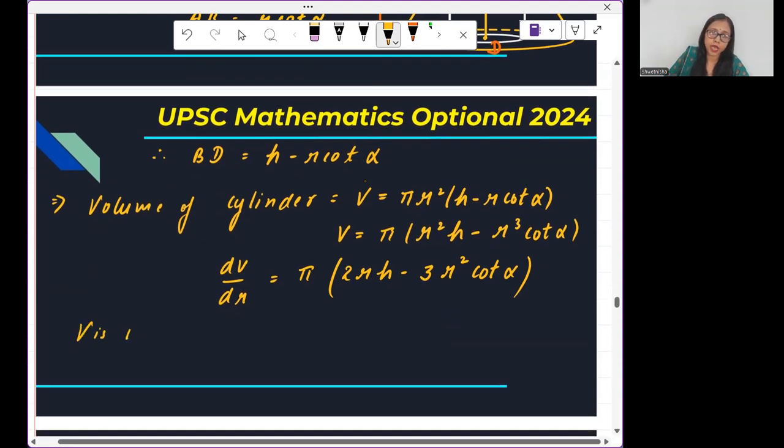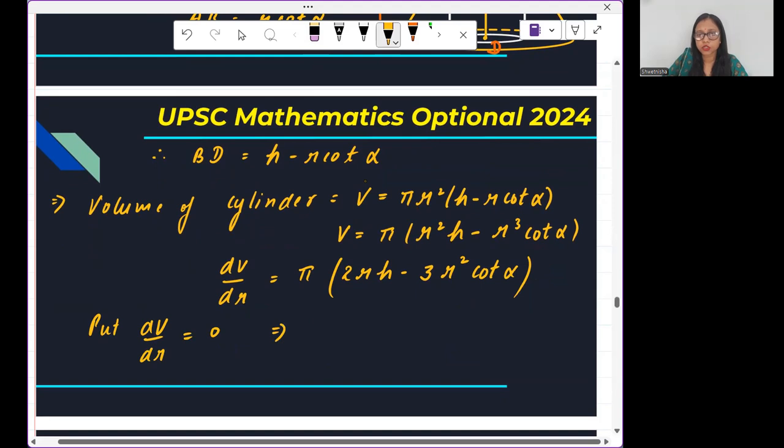V is maximum or minimum if dV by dr is equal to 0.